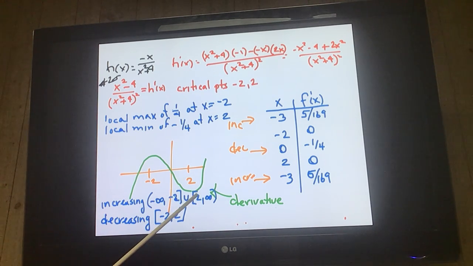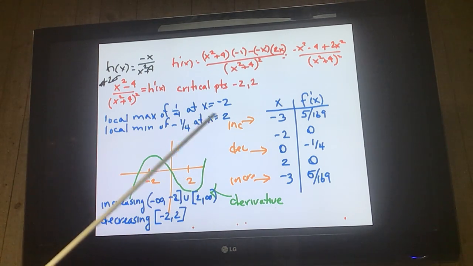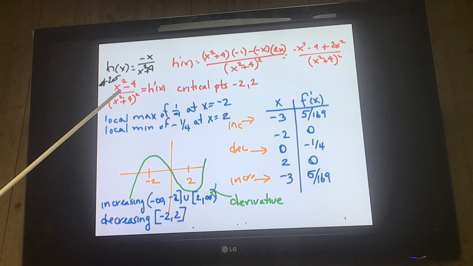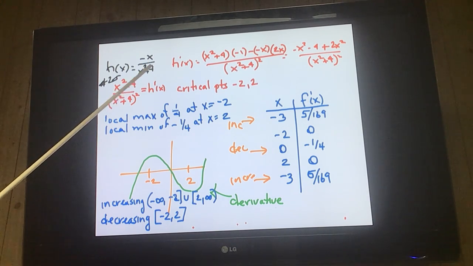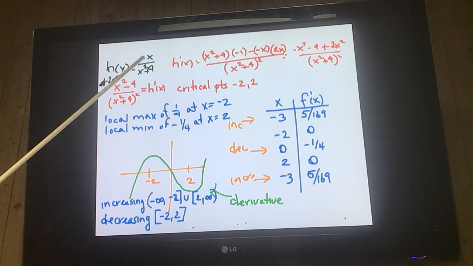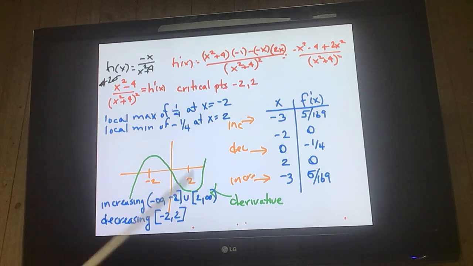At 2, I have a local minimum by looking at my graph. And again, I don't have to do this on a calculator. I can just do it by what my table is saying. Put 2 in here. Negative 2 over 4 plus 4 is 8. Negative 2 over 8 is negative 1/4. So I have a local minimum of negative 1/4 at x equals 2.